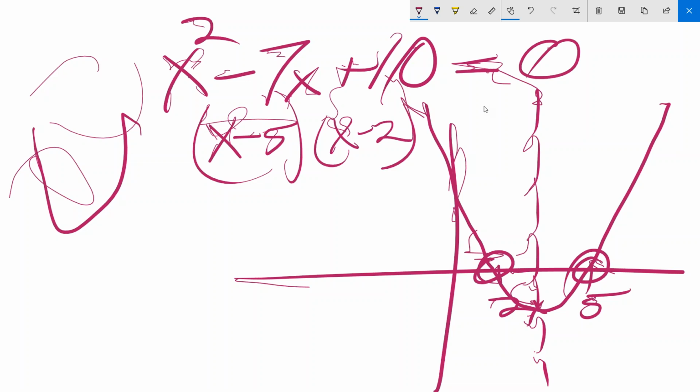So where is the line of symmetry? That's what that dotted line is called, the line of symmetry, the axis of symmetry. Because that parabola is symmetric on either side of that dotted line. So where does that dotted line go through? Add the two zeros together, divide by 2.